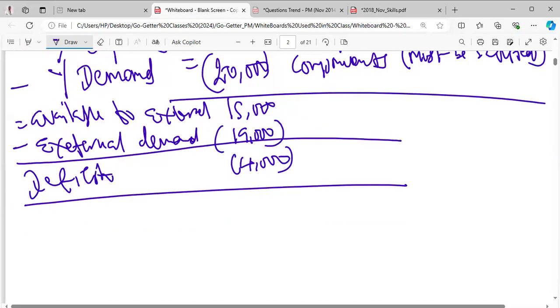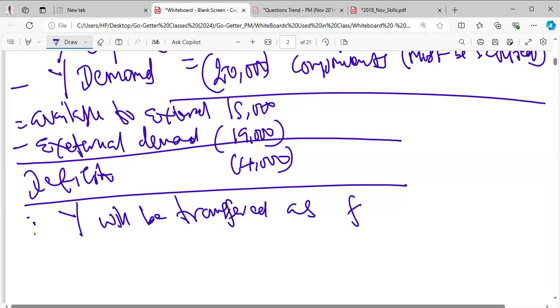So how will that deficit be done? This deficit, you need to look at it from Y demand. Therefore Y will be transferred as follows. This 4,000 that is deficit is to be at market price, because they are shorting the external market by 4,000.